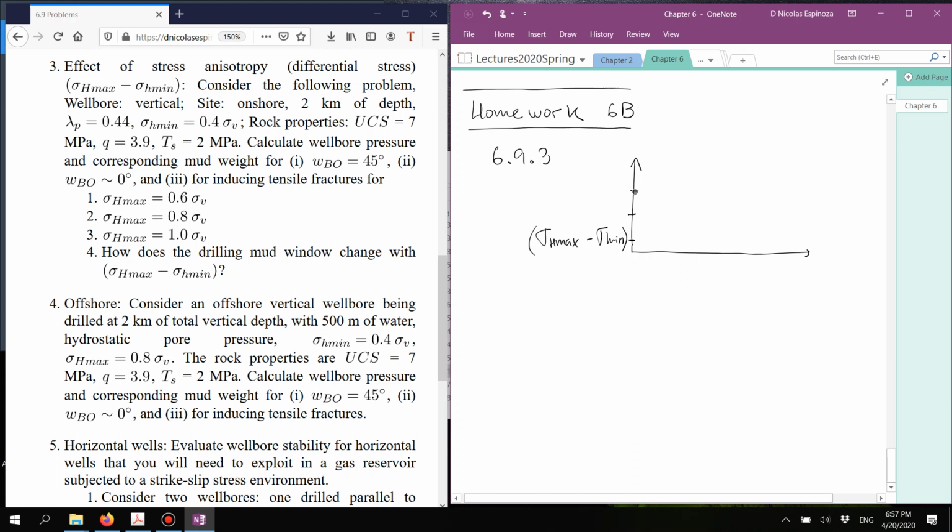For those 3 cases, you have to compute PWBO for 45 degrees. Let me zoom in a little bit.